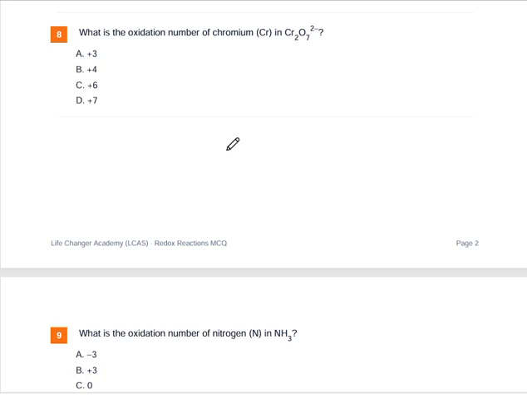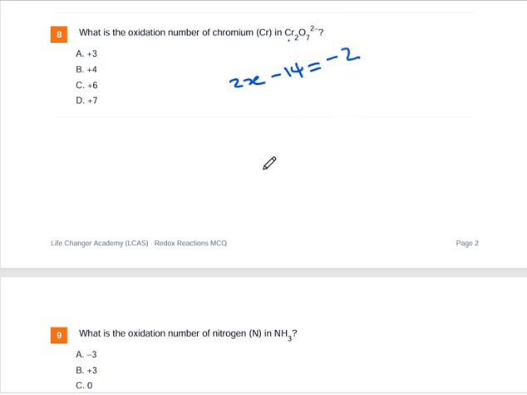It says, what is the oxidation number of chromium in this? Now this one has an ion, so it's quite special. Let me make chromium to be X. So X times 2 gives us 2X. Then oxygen is minus 2. Minus 2 times 7 gives us minus 14. Everything must be equal to the charge, which is minus 2.